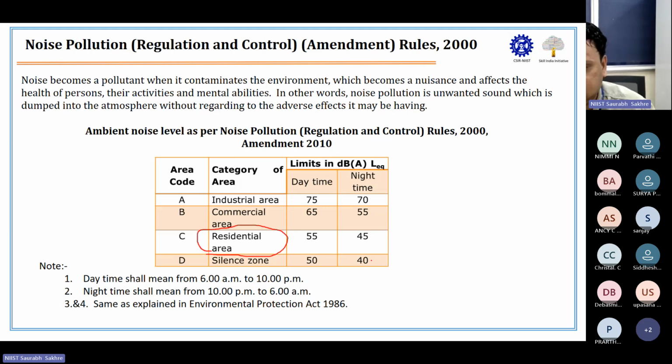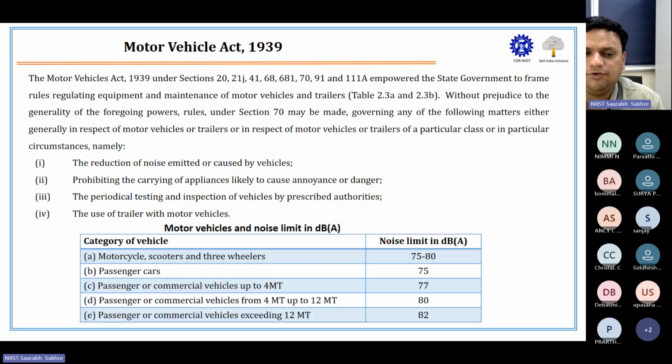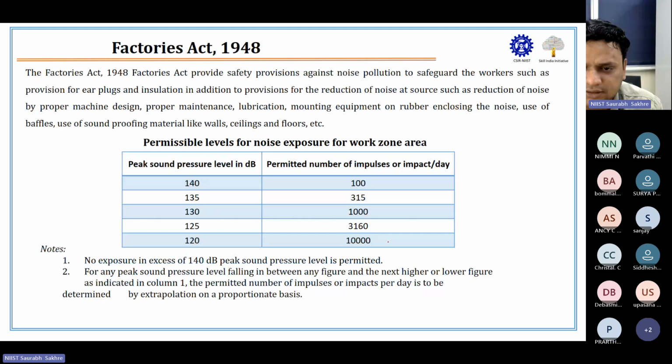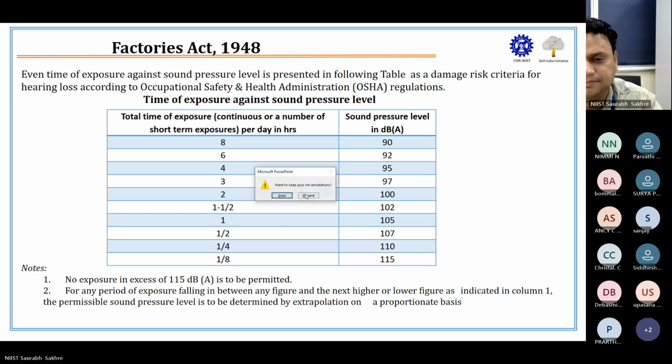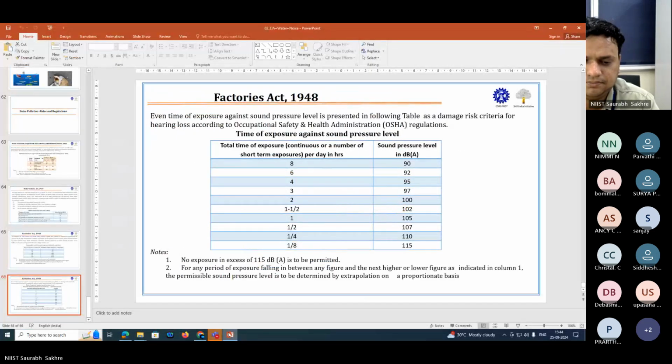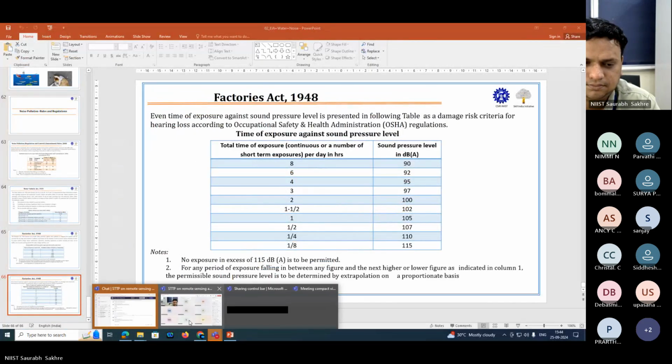For that, limits are like this. Already I showed you that for factories and others different acts are there: for motor vehicles this one, for factories this one, and for other factories based on exposure hours, this one.